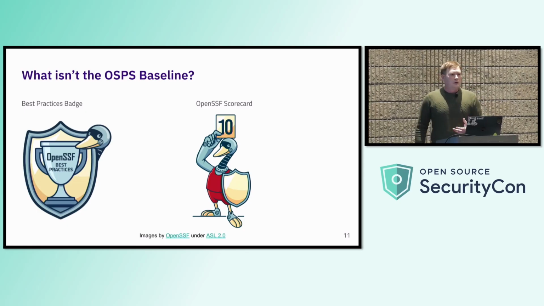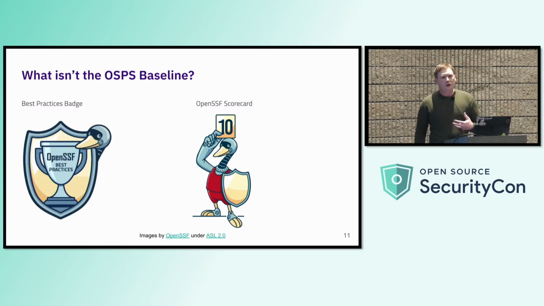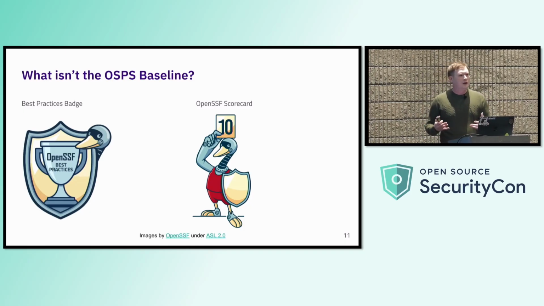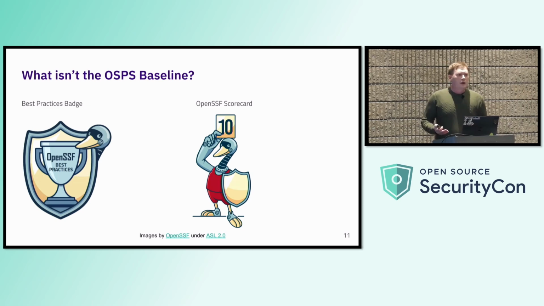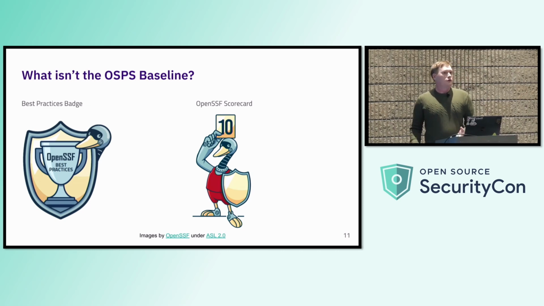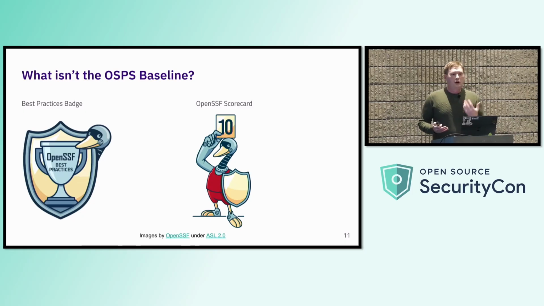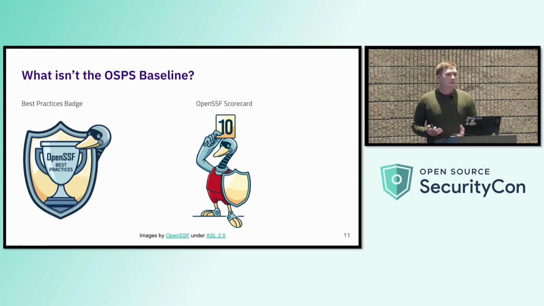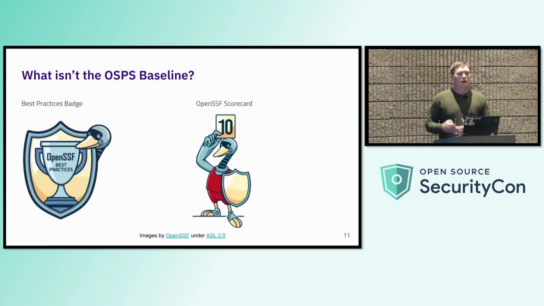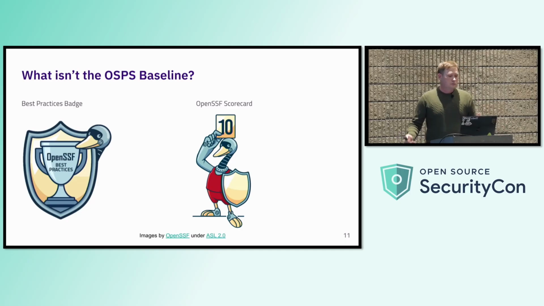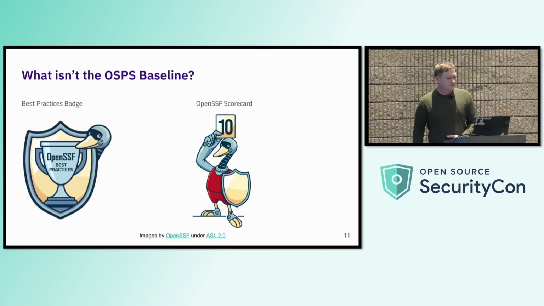And scorecard, at least in the current implementation, really can only be automatically measured on GitHub. And there's a lot of open source projects on GitHub, and there are a lot that aren't. We try to make it more agnostic. So any open source project on any hosting platform should be able to use the baseline.